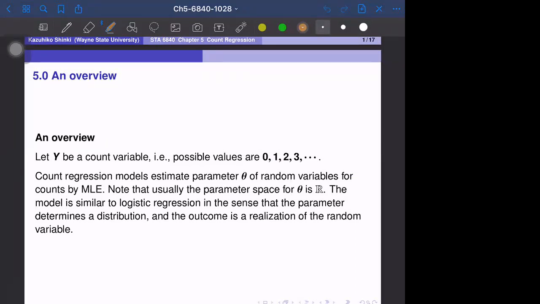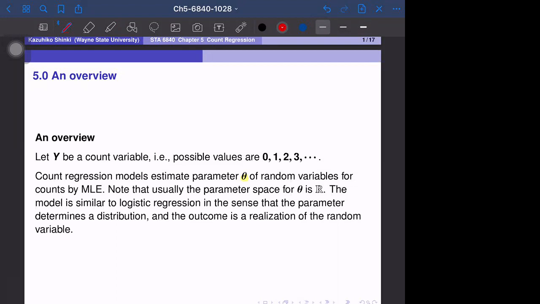And the count regression models estimate the parameters theta in general of random variables for counts by MLE. So we have some distributions that we will discuss, several ones, such as the Poisson regression and also negative binomial regression and distribution and so on.